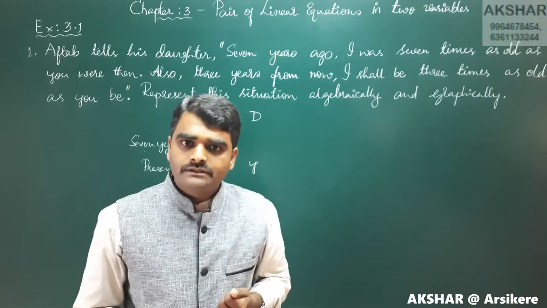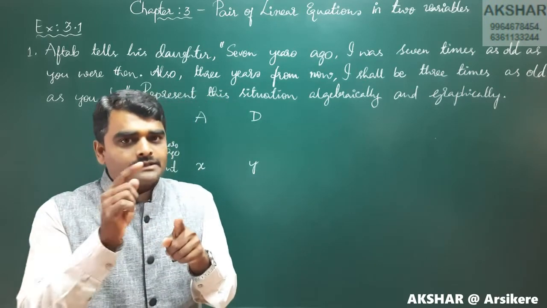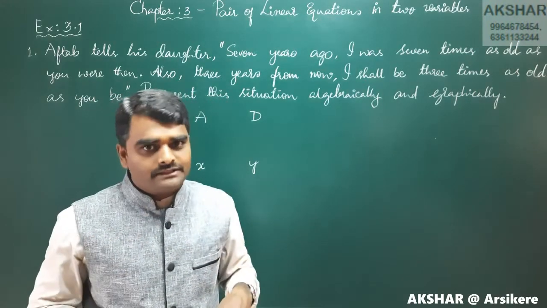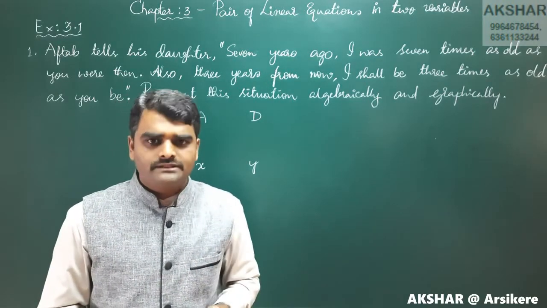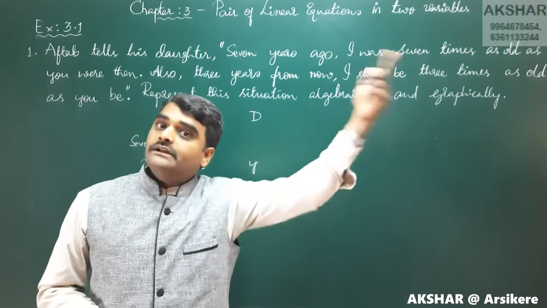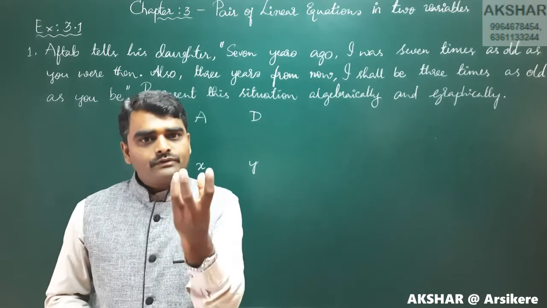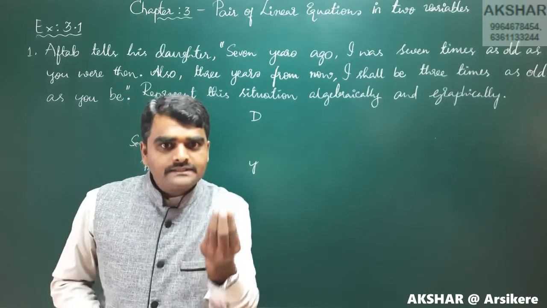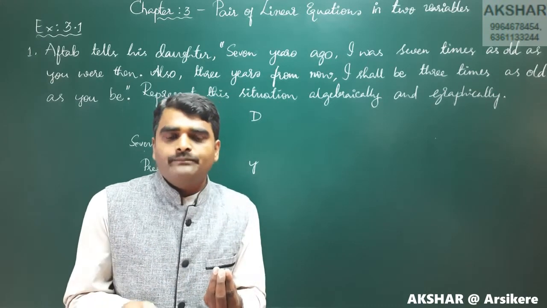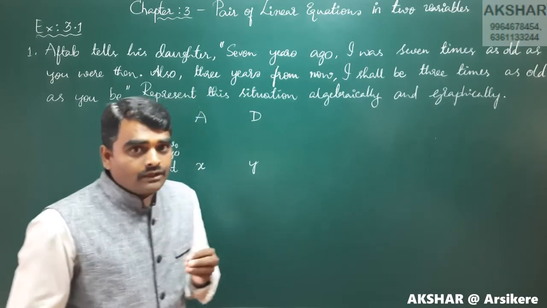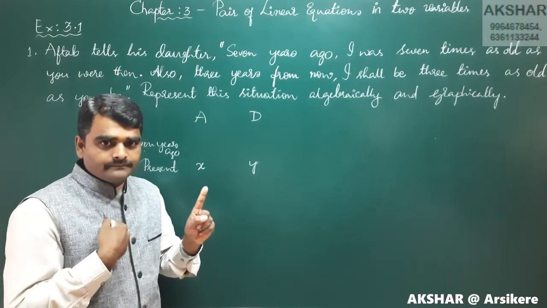You subtract 7 from my age. 35 minus 7 is 28. So 7 years ago my age was 28. How did you get this 28? You subtracted 7 from the present age, 35.